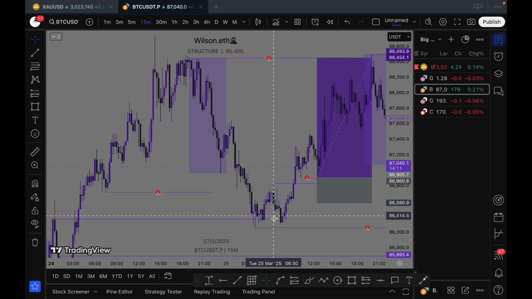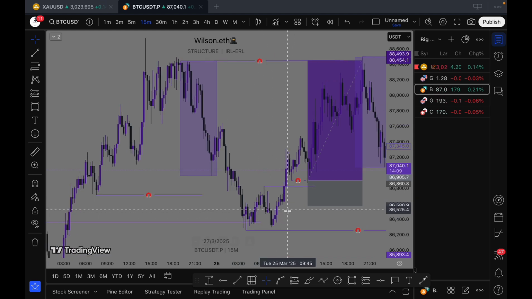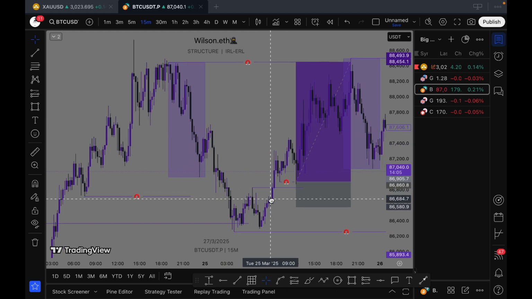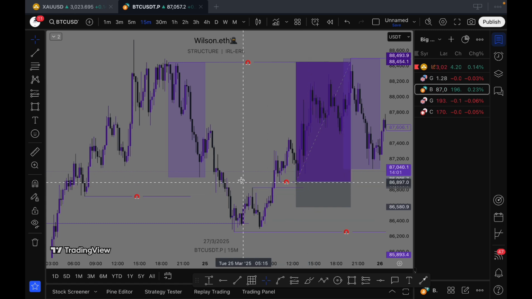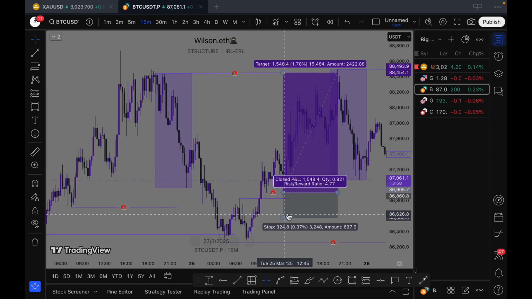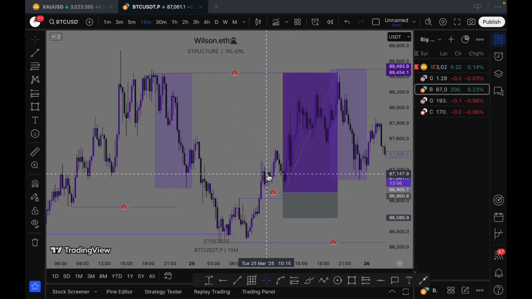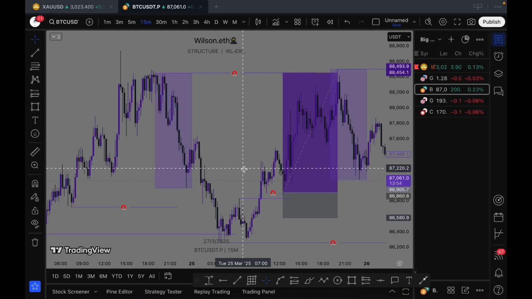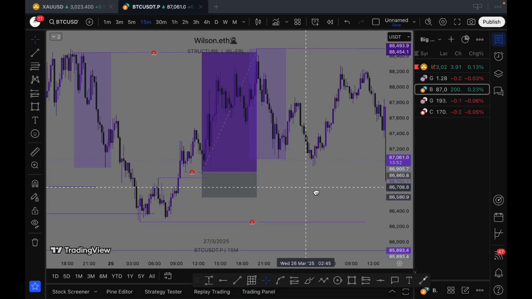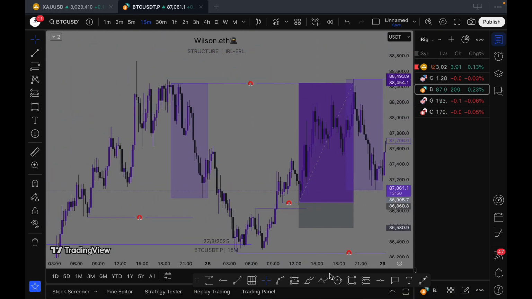So the move, as you can see, had already started. Fast forward, this other block over here failed and it became a breaker block, so I marked it using the trend line over here. Then price went ahead to create an inducement, as I always expect price to do.